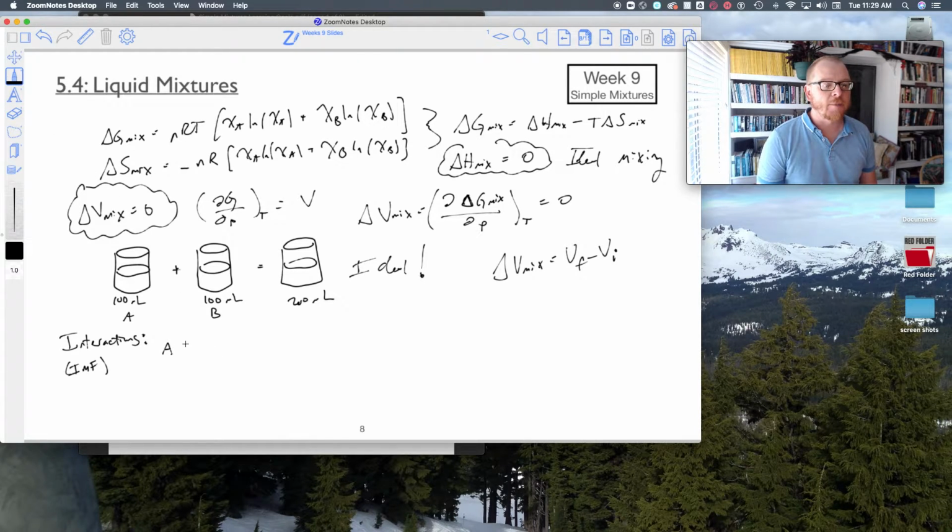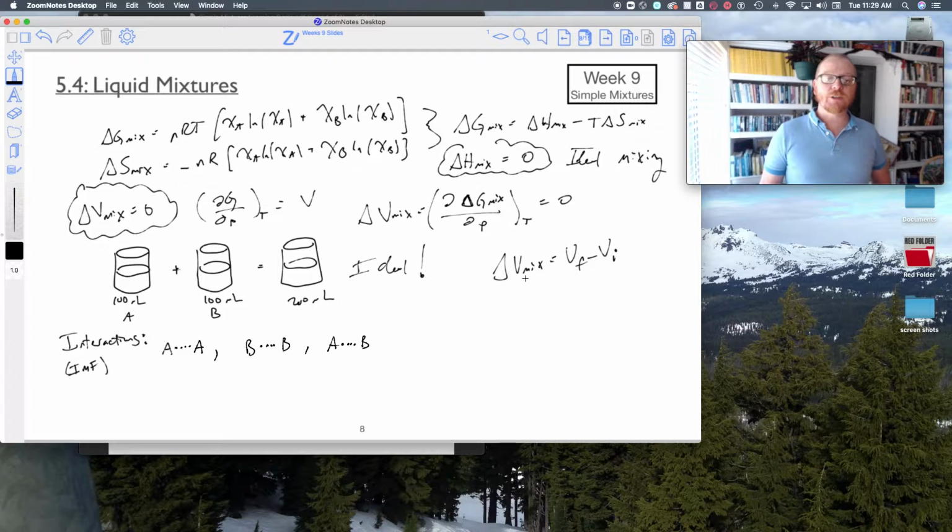Let's make it like a dotted line, dot, dot, dot. Maybe it's like a hydrogen bond or something, okay? So there's an interaction between an A and an A. There's an interaction between a B and a B. And then, of course, there's also going to be an interaction between an A and a B, okay?